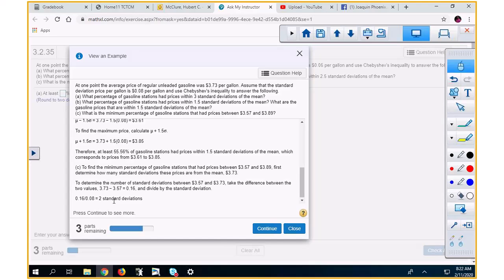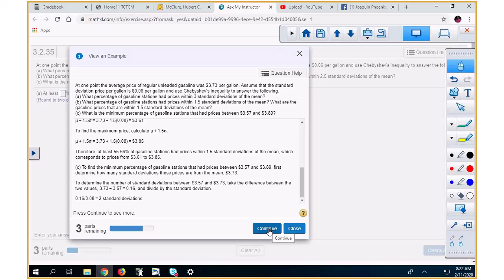And divide that by the standard deviation. So you need to write that down. Take the difference, or the range, of the prices. So this is C. Take the range and divide by the standard deviation. And that gives you two standard deviations.